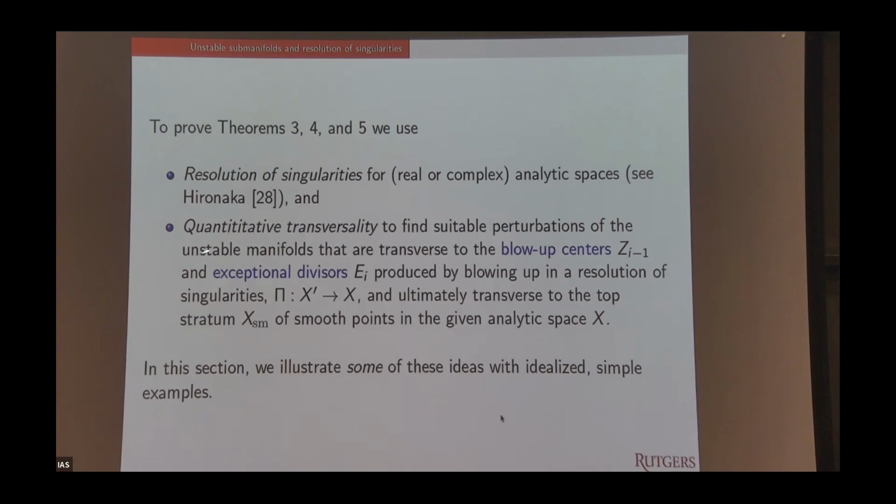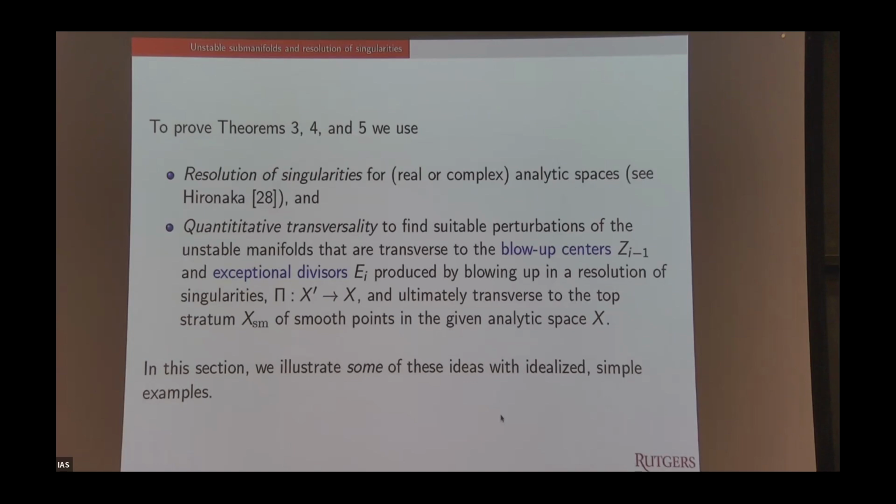The other notion we use is something called quantitative transversality. As we'll see, it's important to be able to perturb unstable manifolds that have certain transversality properties with respect to objects that are important in resolution of singularities. Key objects in resolution of singularities are so-called blow-up centers and exceptional divisors, essentially the pre-images of blow-up centers.